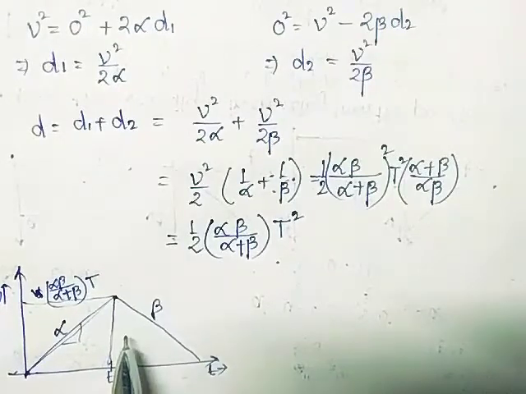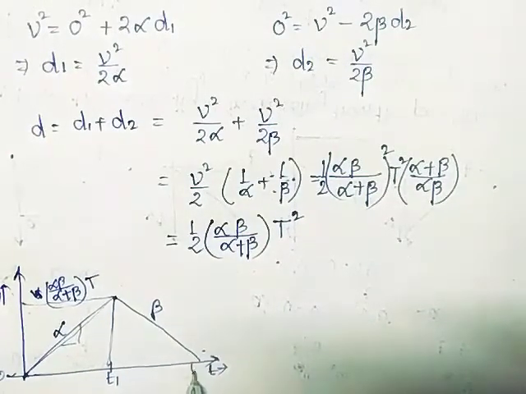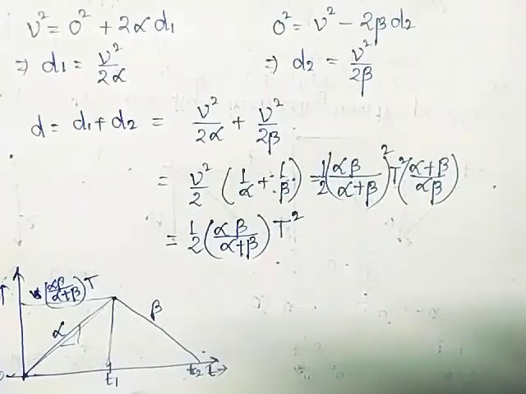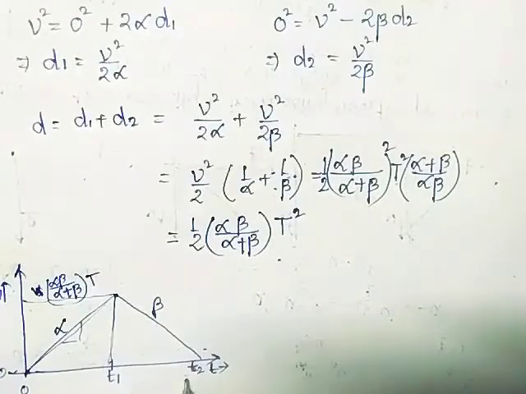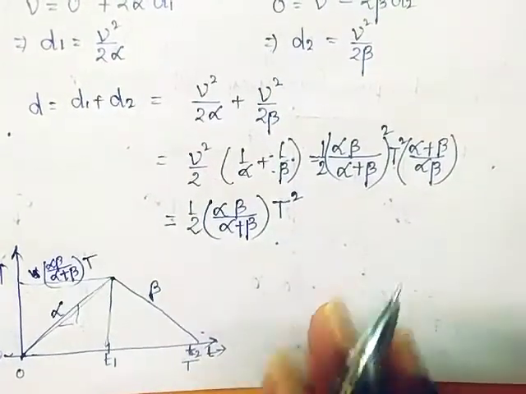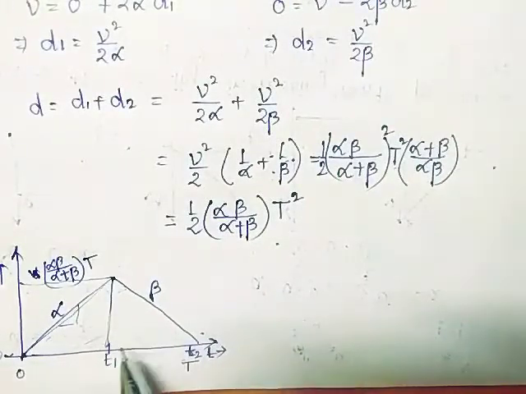Obviously these two slopes may or may not be equal, depending on whether alpha and beta are equal, but it again reaches the velocity 0, and the time required is t2, and the total time from 0 is capital T. You can calculate displacement by calculating the total area of these triangles.